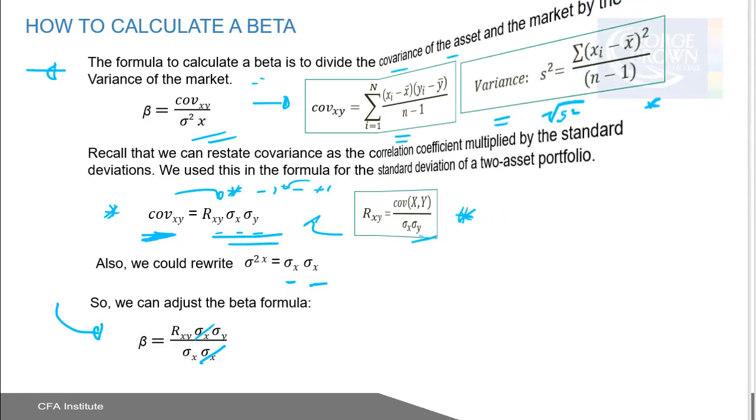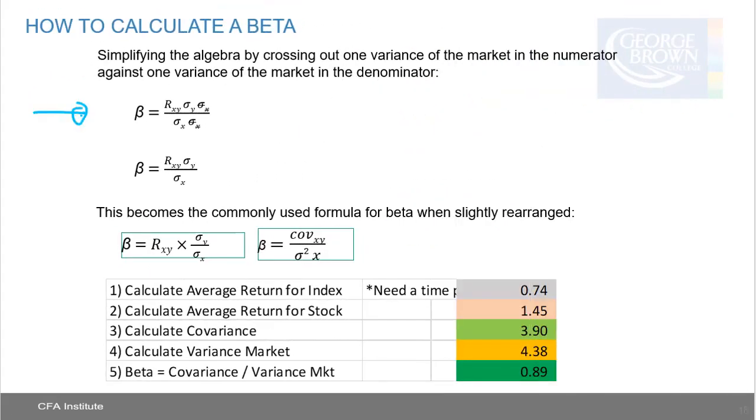Here I am, just showing the formula from the previous slide, but to save some space, simplifying the algebra by crossing out one standard deviation of the market in the numerator against one in the denominator, we're left with this formula: beta equals correlation of x and y times standard deviation of y divided by standard deviation of x. That's a very commonly used formula for beta when it's rearranged.